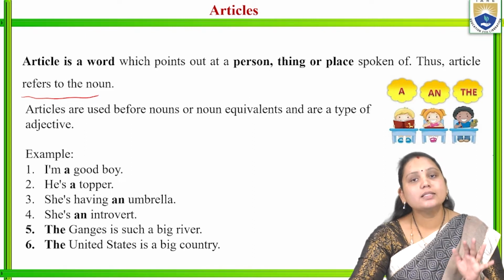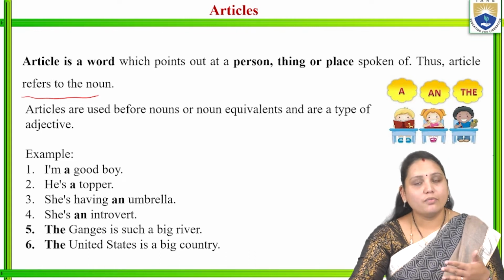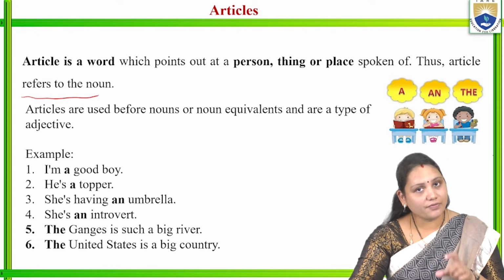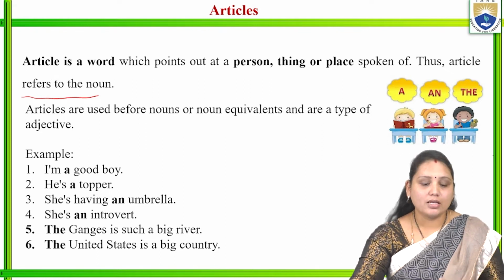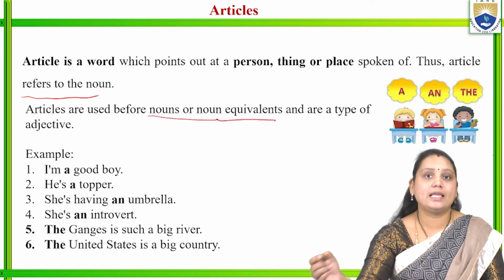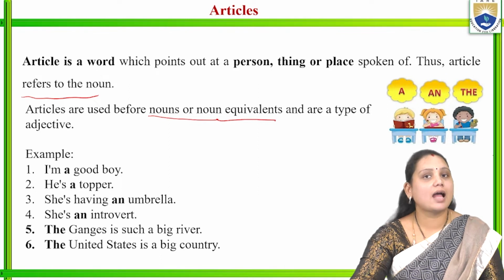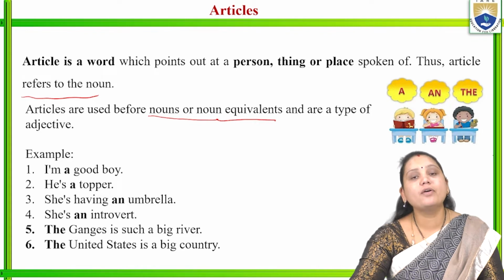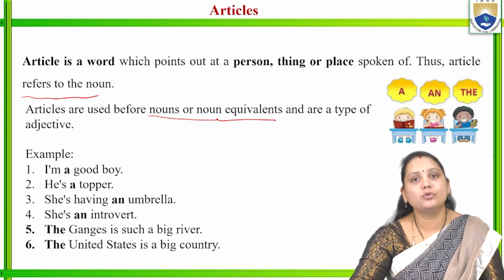They point out how they are, what they are. Is it a definite position or an indefinite position? Articles are used before nouns and noun equivalents and are a type of adjective. They are a kind of adjective which will point out a place of definiteness or indefiniteness. It will describe those things.